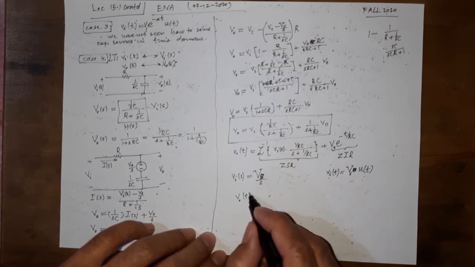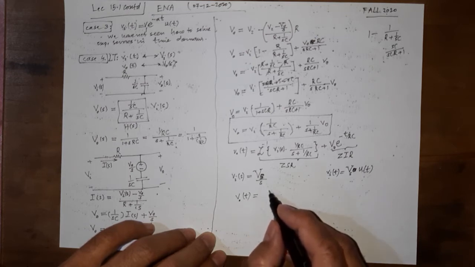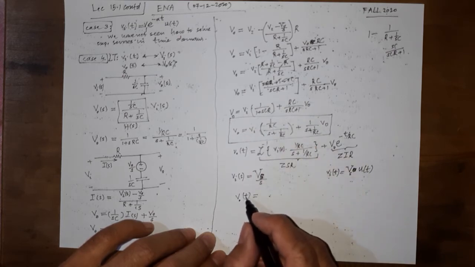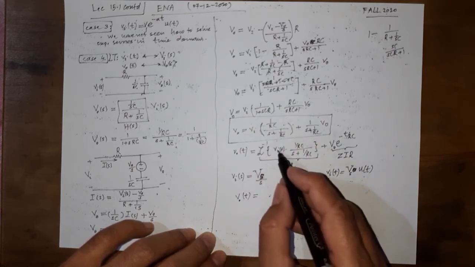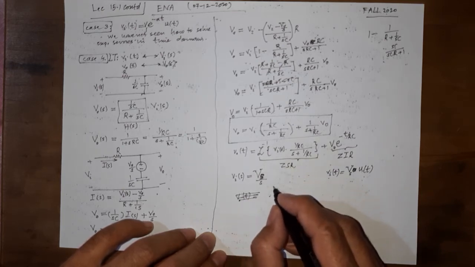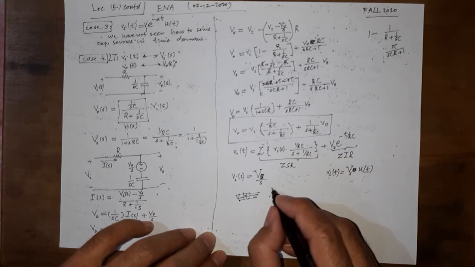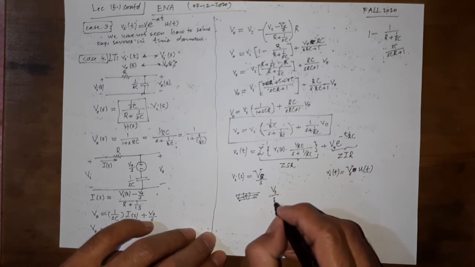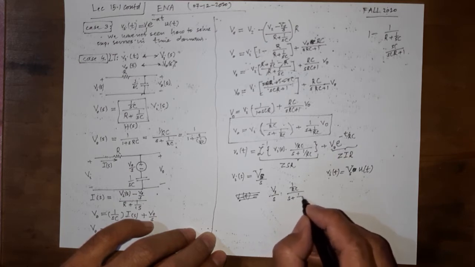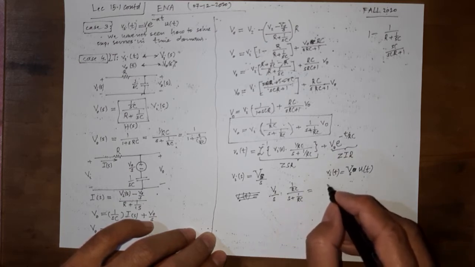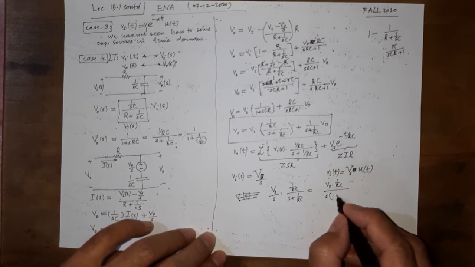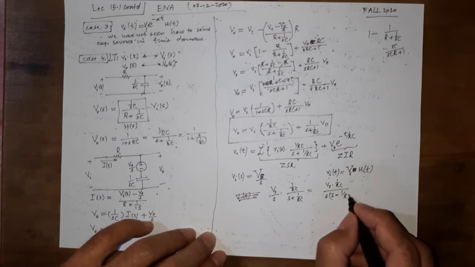To be equal to, let me write this expression, because here we have this inverse Laplace transform to be solved. In fact, let me just solve this part only. Zero state response would be Vs over S into 1 over RC over S plus 1 over RC, which would be equal to Vs into 1 over RC over S into S plus 1 over RC.